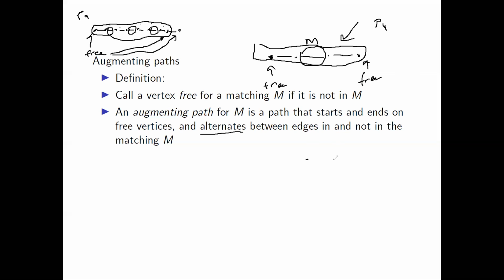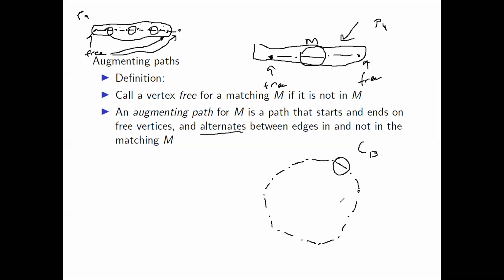So last example here. Okay, so we got a cycle here. I think I made a C13 there. Okay, and then I'll pick a matching here.